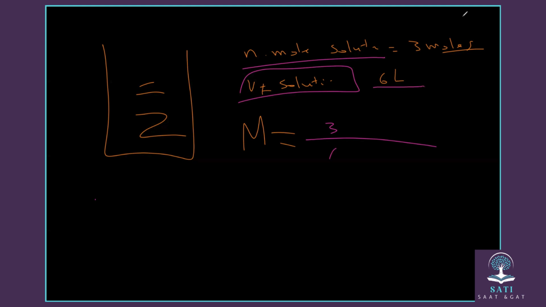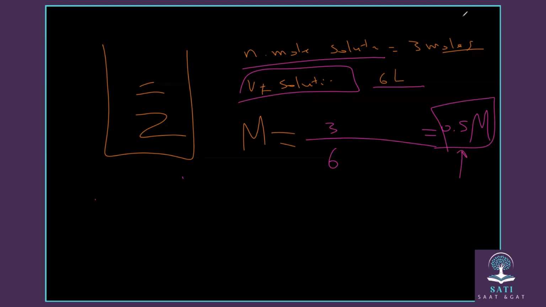In liters. So it's going to be over 6. That means it's going to be 0.5 molarity, capital M. 0.5 molarity means for every 1 liter of a solution, there is half mole.